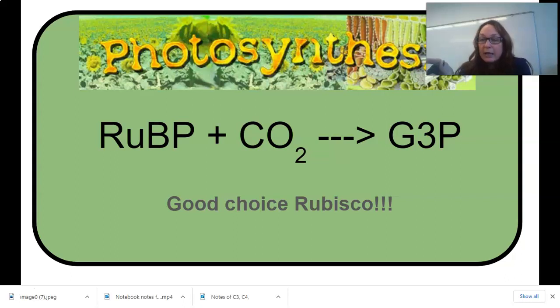So the light reaction's job is to take light energy and put it into carriers, ATP and NADPH, and take that energy to the Calvin cycle so that it can be used to make bonds where you store that energy for later use in sugars.